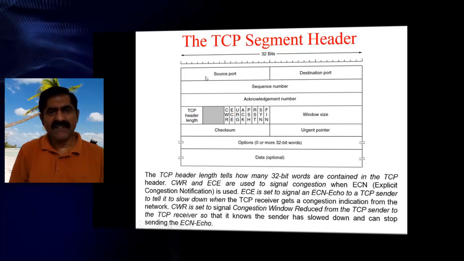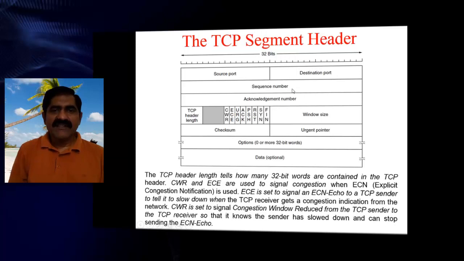If you see the first part, when you see the socket, there are two addresses you have to mention: one is the port address, and the other is the IP address. In the IP header case, the IP address is taken care of by the IP header. Here your transport layer header deals with the source port address as well as the destination port address, a 16-bit source port address as well as a 16-bit destination port address.